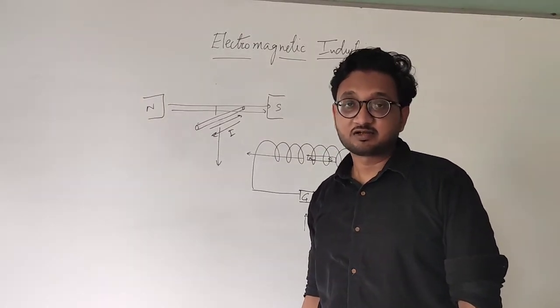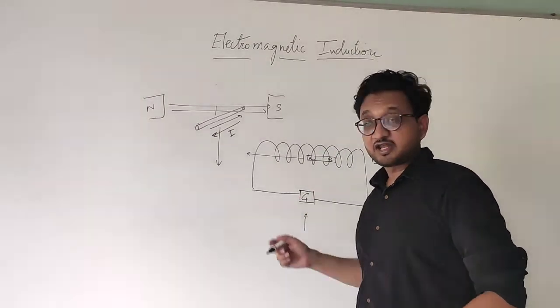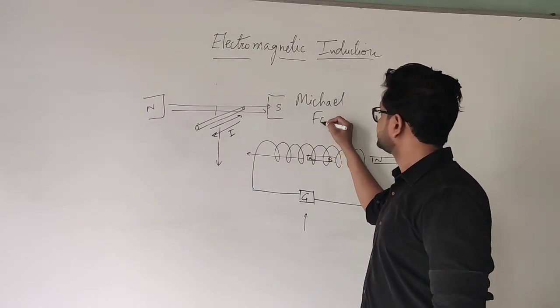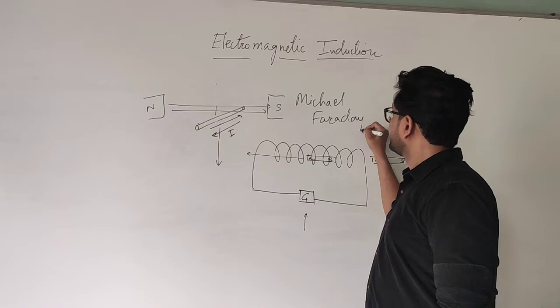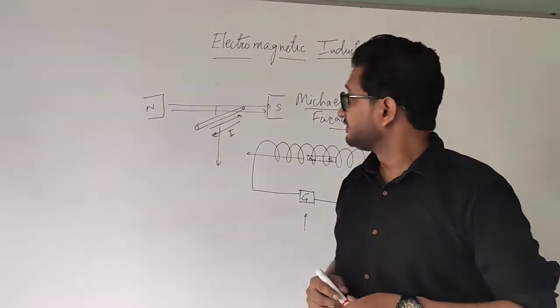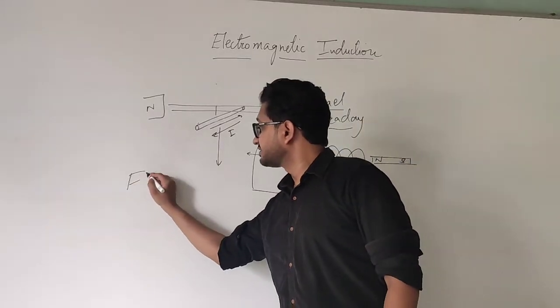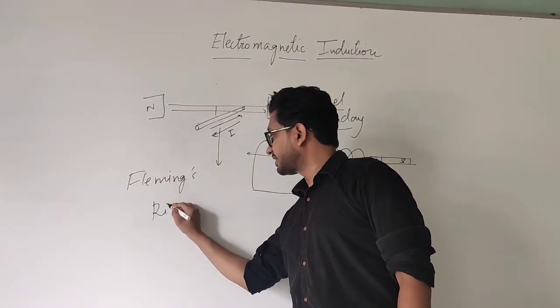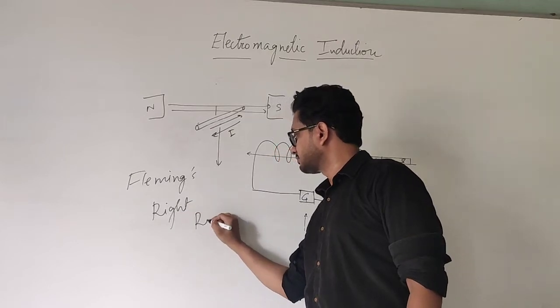It was first found out by Michael Faraday. And we also know we can find the direction of the current generated with the help of Fleming's right hand rule.